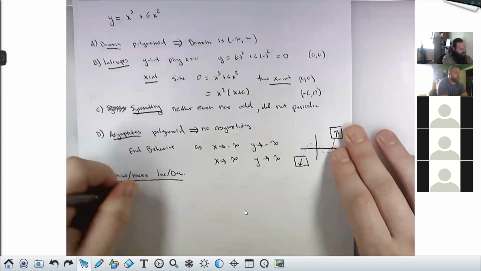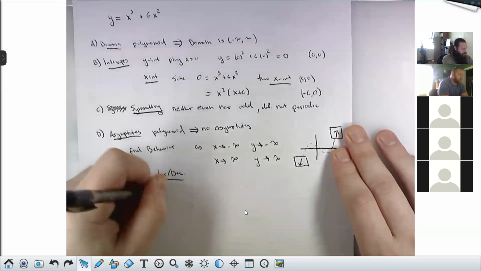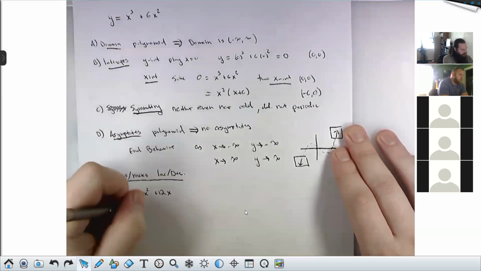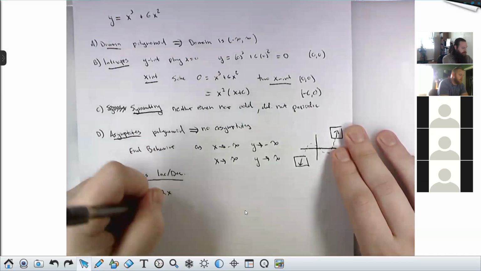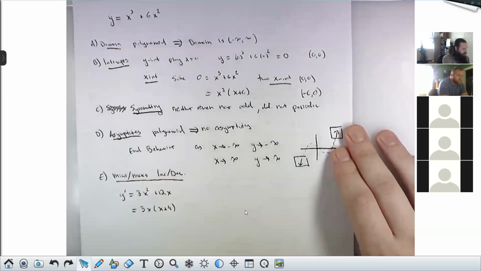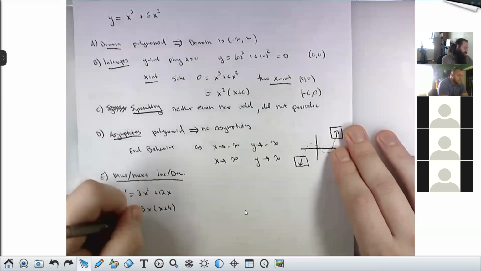Y prime here is 3x squared plus 12x, which can be factored as 3x times (x plus 4). So my critical numbers are x equals 0 and -4.